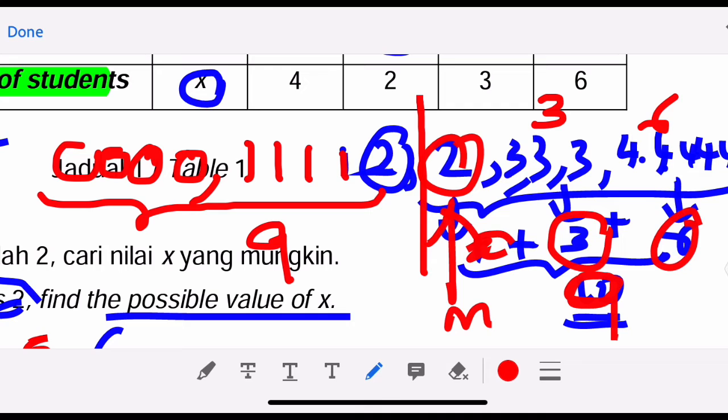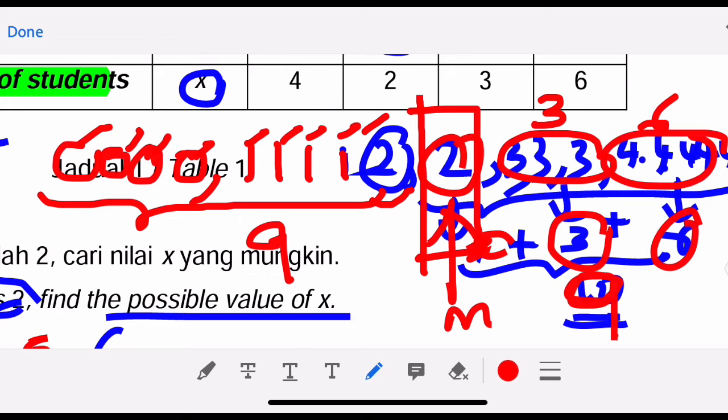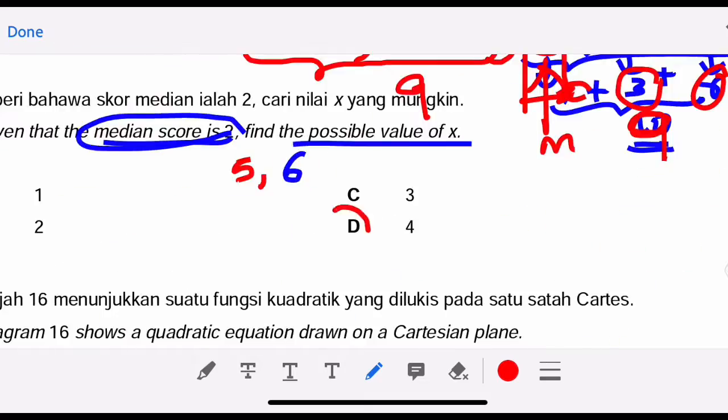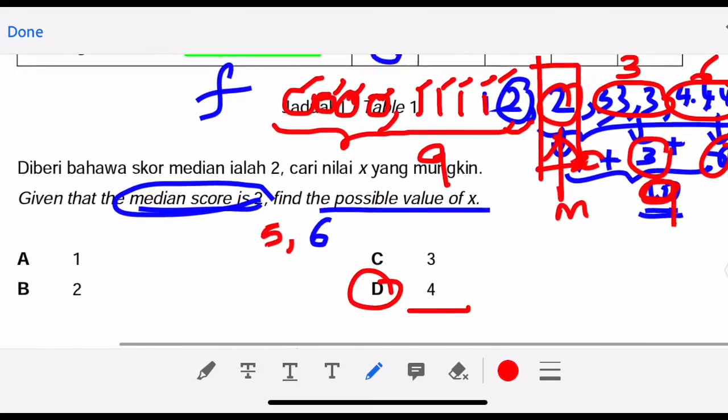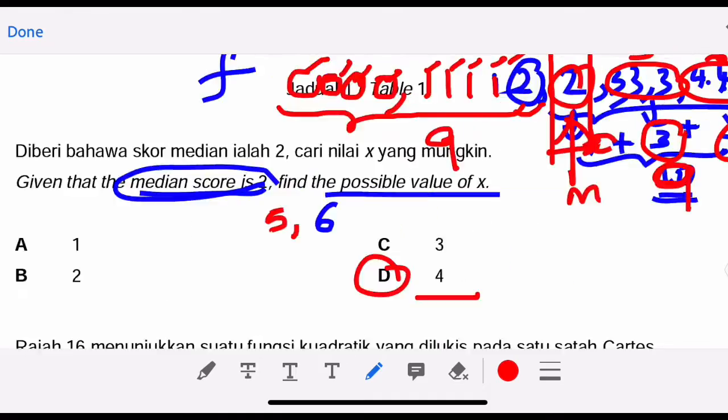So here we have 9 here, so our median will be 2 also. So 4 is possible. 1, 2, 3, 4, 5, 6, 7, 8, 9. Here we have 3 and 6. 4 is the answer, right? We can have 4, 5, 6. We have many answers in fact, right?